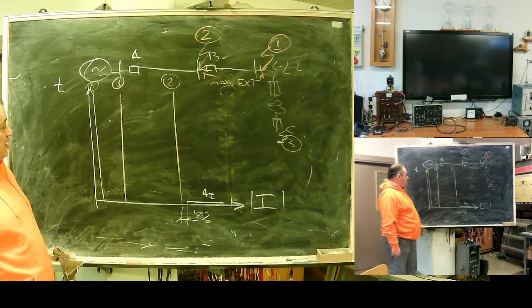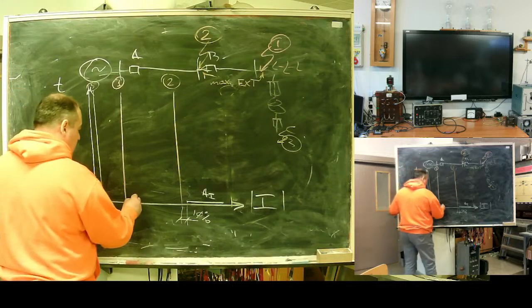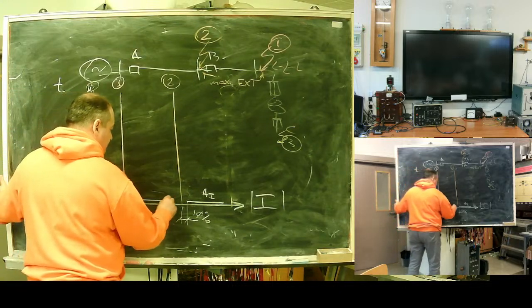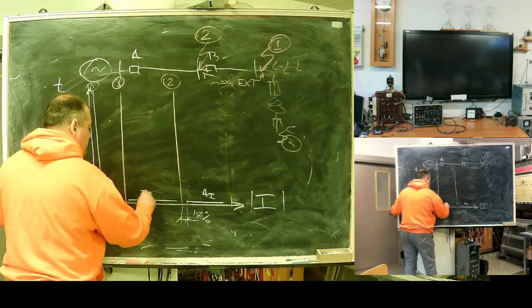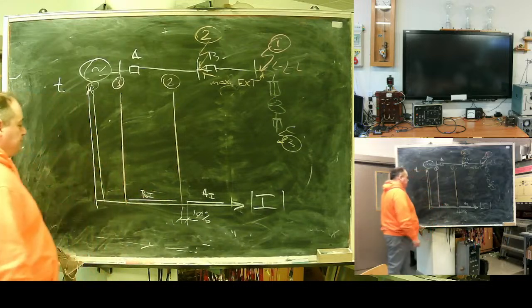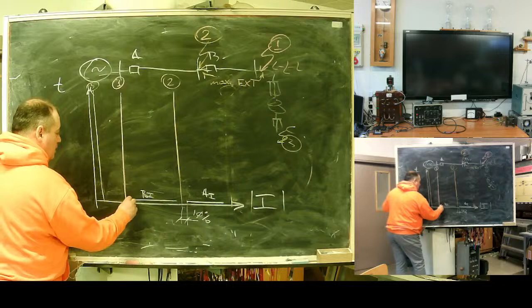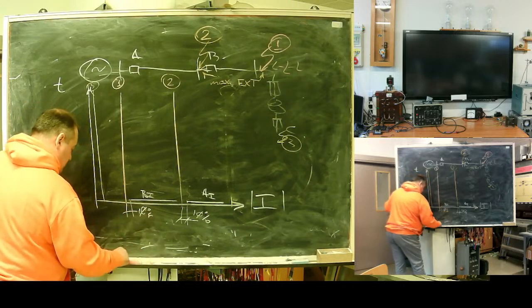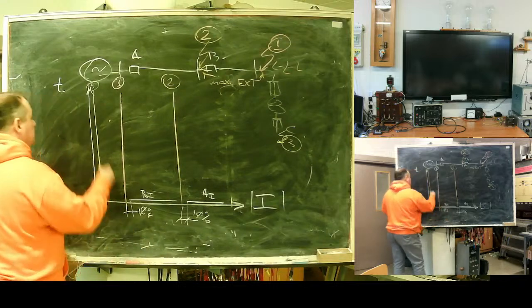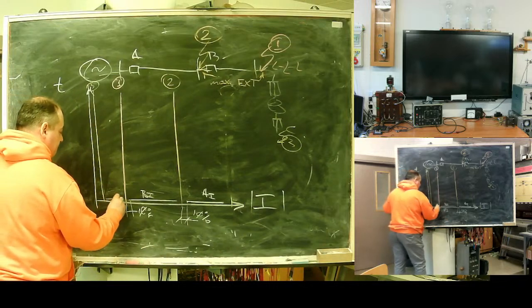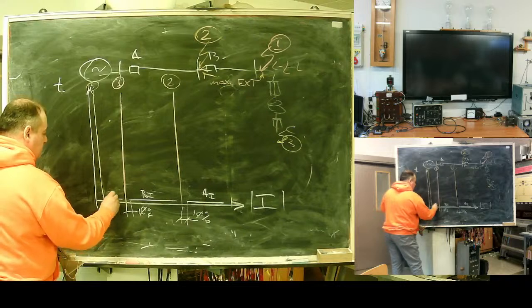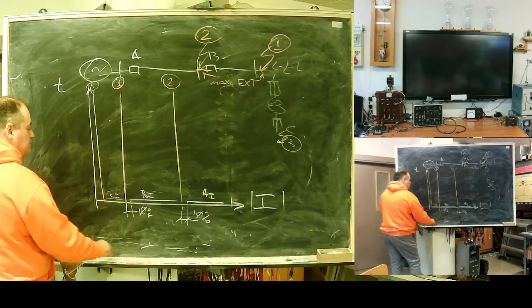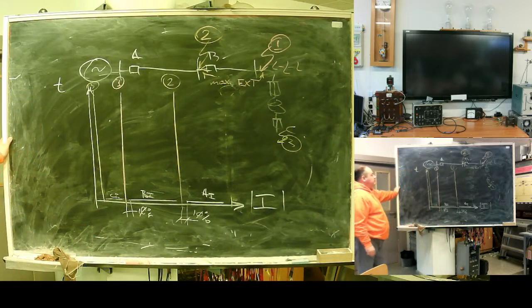Where is the trip current for B? Again, B1, and maybe in yellow, this is C1. For A2, where's the trip current?